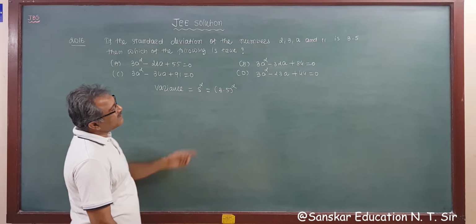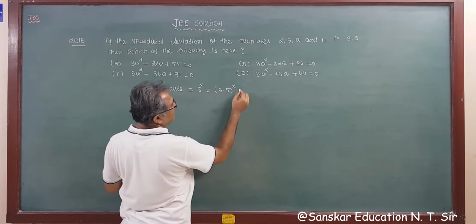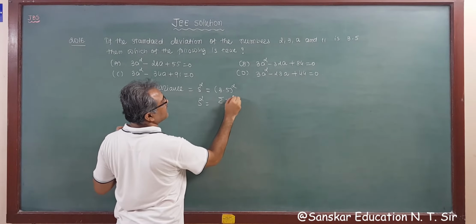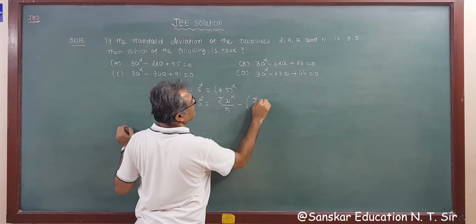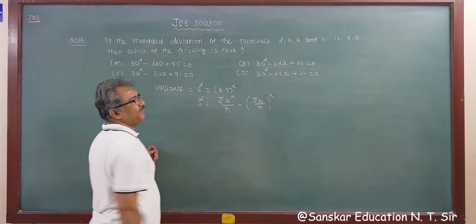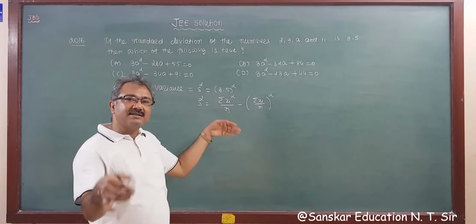And the observations are given. Now the formula for this: S square is sigma xi square upon n minus sigma xi upon n whole square. That means we need sigma xi and sigma xi square, and substitute the values.